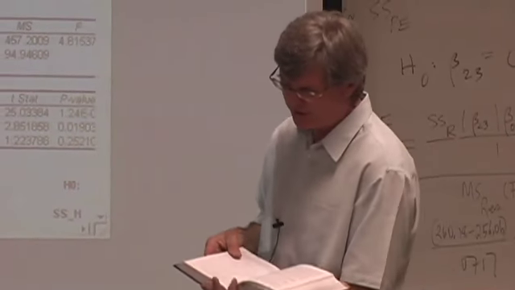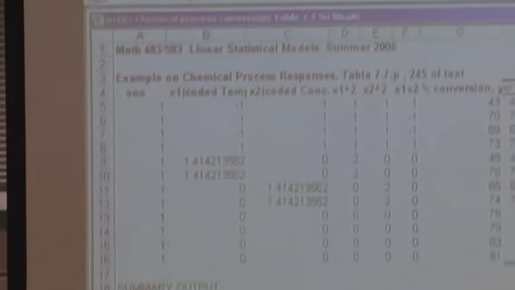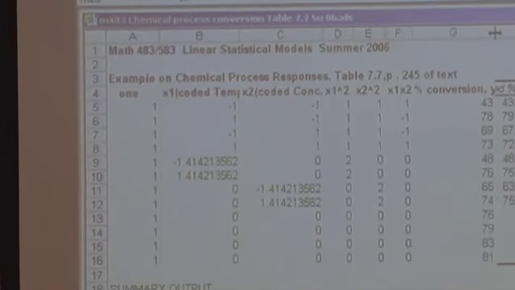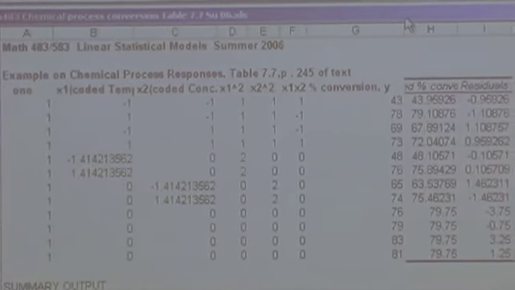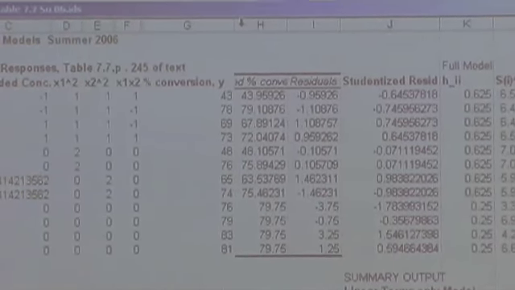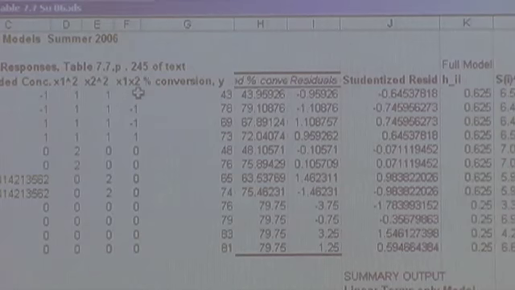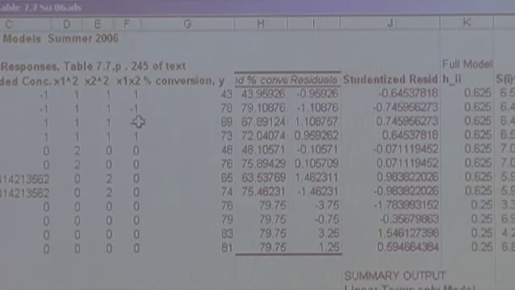Y is the percent of conversion of whatever you're trying to make, from 43% to 81% conversion in this data. x1 is a coded temperature, x2 is a coded concentration. And then I put in x1 squared, x2 squared, and x1 x2 for a full quadratic model.